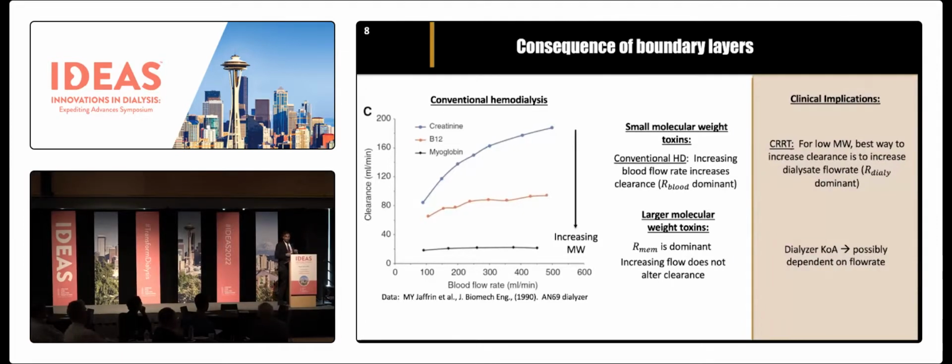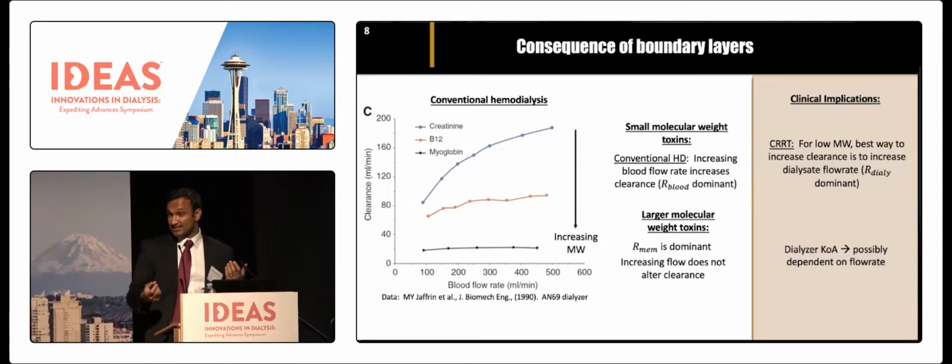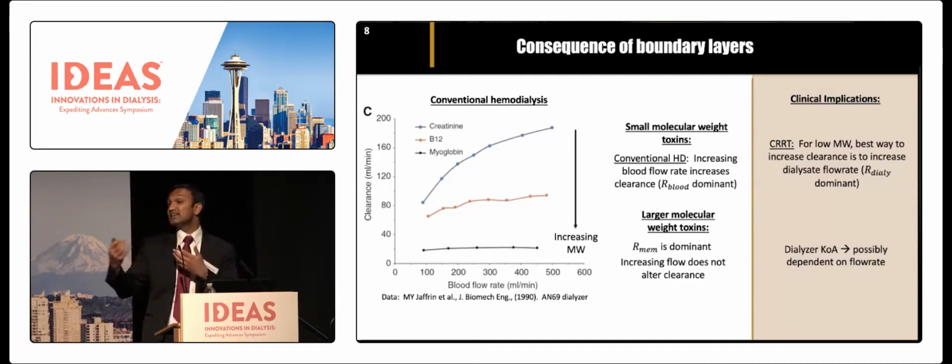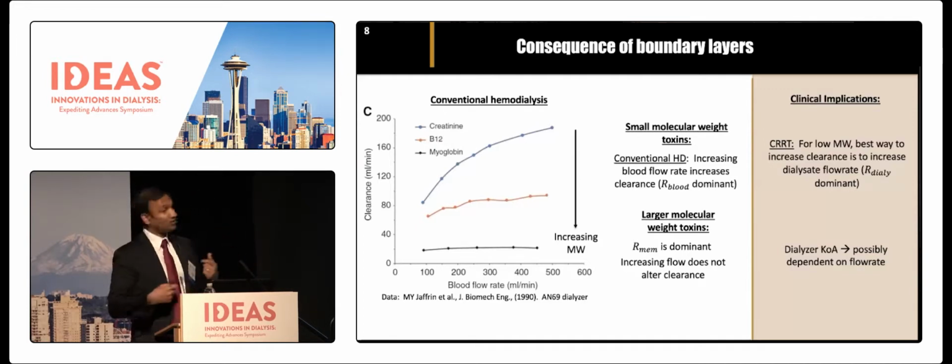So what are some implications of some of this? Well, we mentioned this for conventional dialysis. Now, if we're looking at things like continuous renal replacement therapy or situations where you're having much lower flow rates like in wearable devices, typically the dominant resistance is the dialysate side. So if you want to increase the clearance for low molecular weight toxins, the best way to do it is probably to increase the dialysate flow rate rather than just, for example, the blood flow rate.